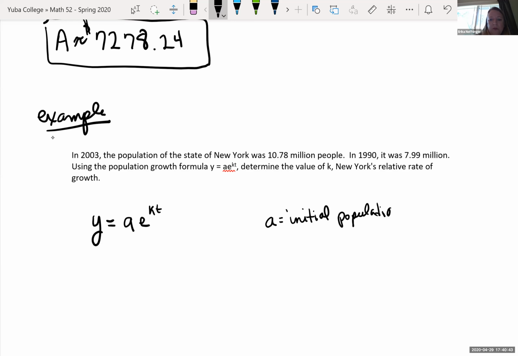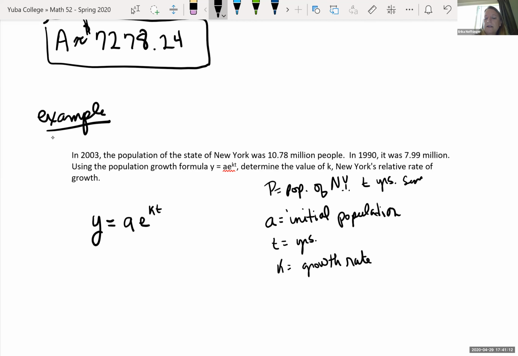T is time, and we're talking about years. And K is equal to the growth rate. And y equals the population of New York after T years since 1990.